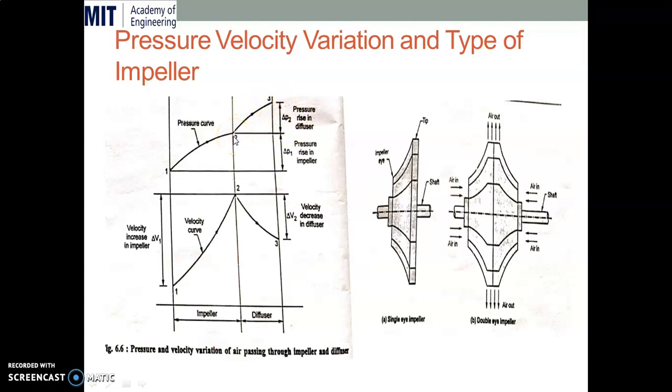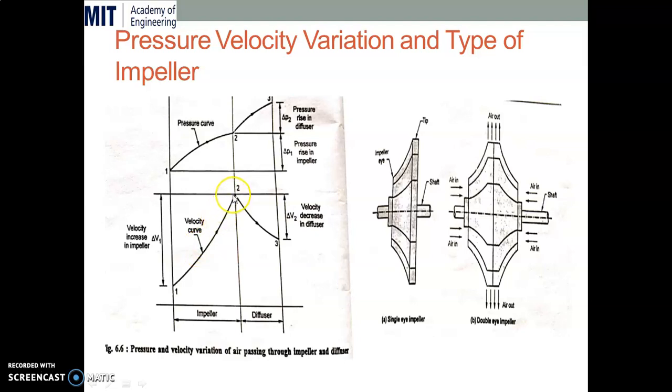These two points are the outlet of the impeller and inlet of the diffuser, and this third point is the outlet of the diffuser. Due to the sudden increase in area there is a pressure rise, and we can see velocity changes also. Delta V1 is the increased velocity at the impeller, because initially both pressure energy and kinetic energy increase.